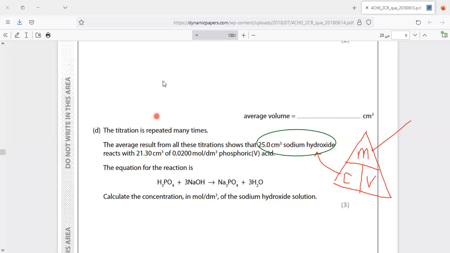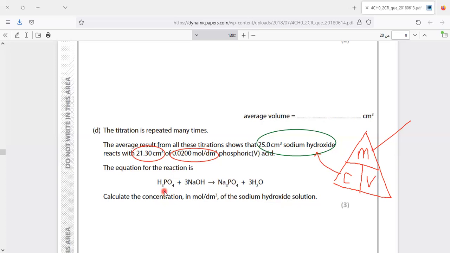Do you have any information about phosphoric acid? What do you have here? The volume and concentration. Can I use this information to find the number of moles of phosphoric acid?